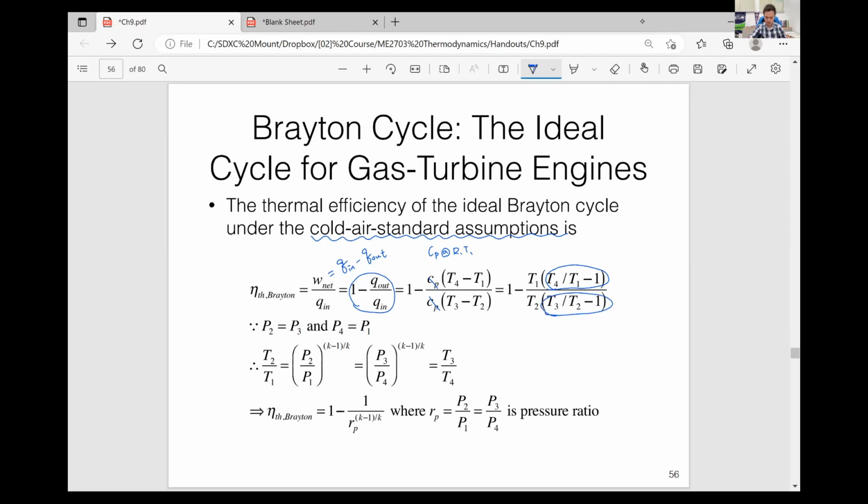Okay, to do that, first you need to know P2 equals P3 and P4 equals P1, because the heat addition process is at constant pressure.